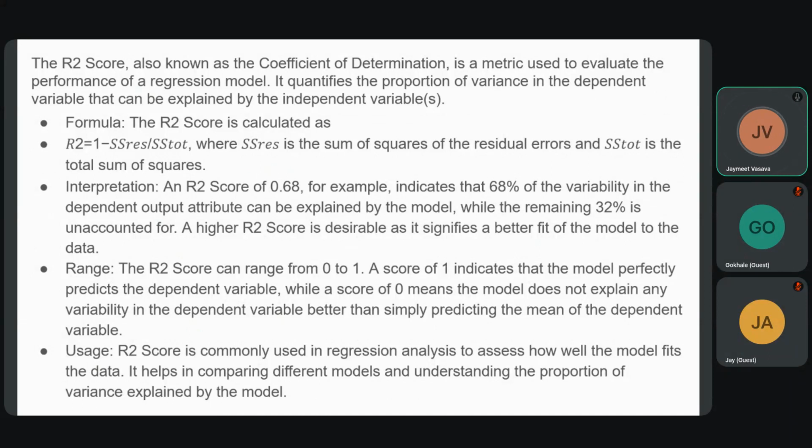So the R2 score is calculated as R2 equals 1 minus the sum of squares of the residual errors divided by the total sum of squares, or the sum of squares of all the squares.